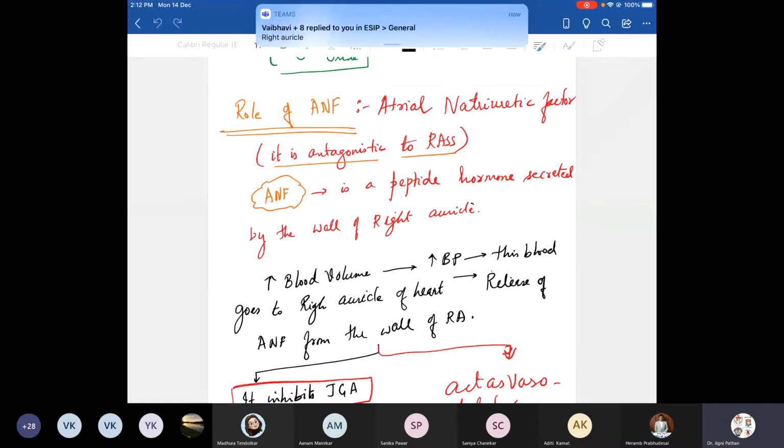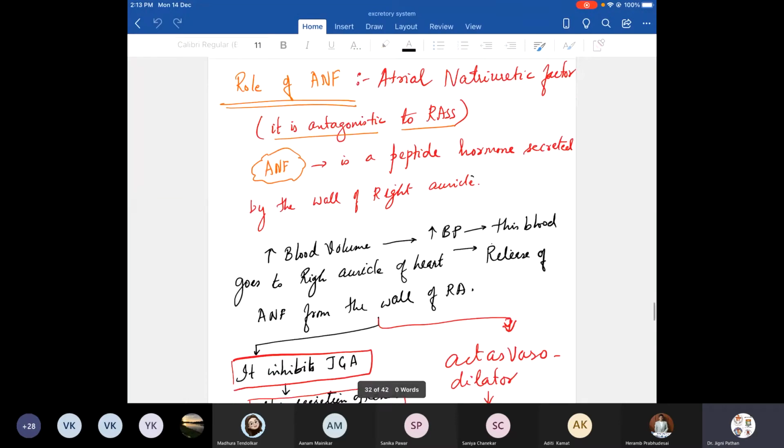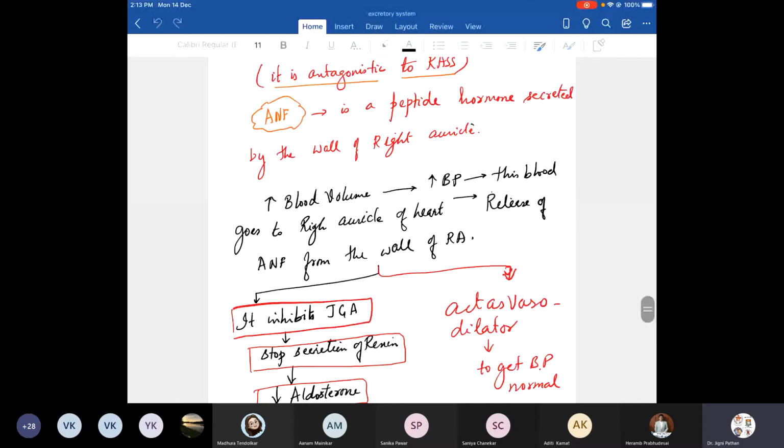When the heart senses that the blood reaching it is of higher volume, the wall of the right auricle releases ANF. So when the blood volume increases, there's an increase in blood pressure. This blood goes to the right auricle of the heart, which releases ANF.